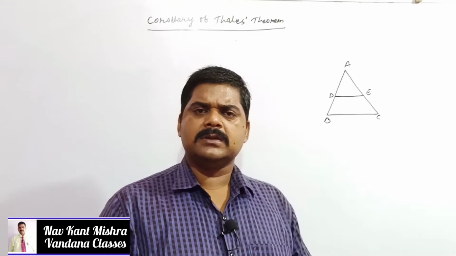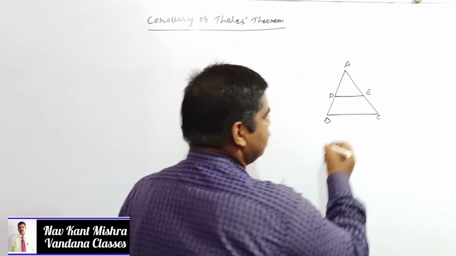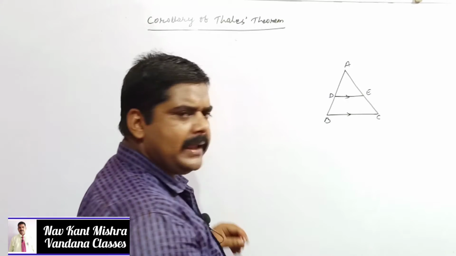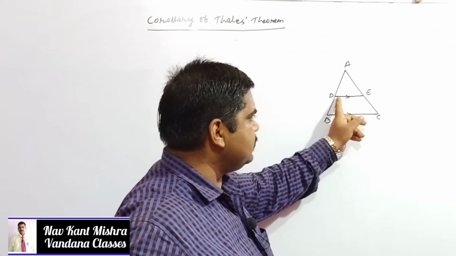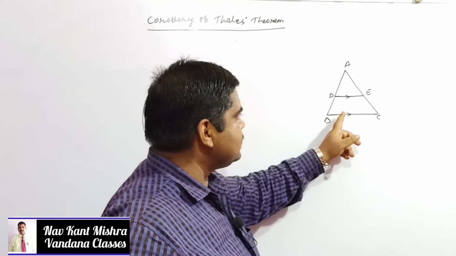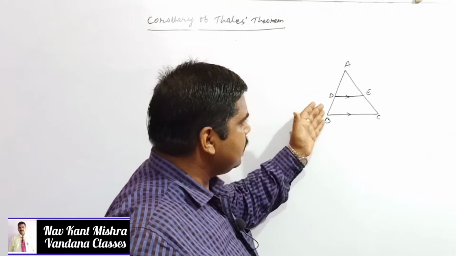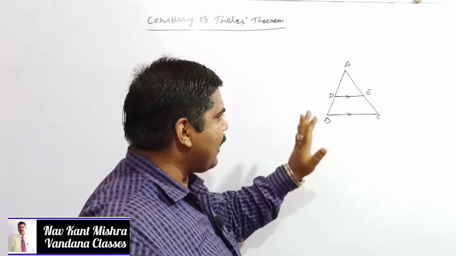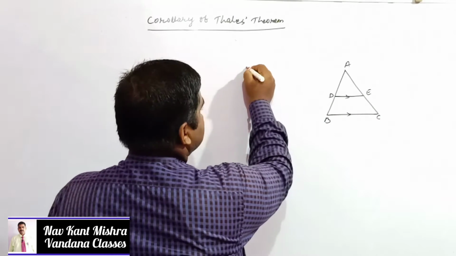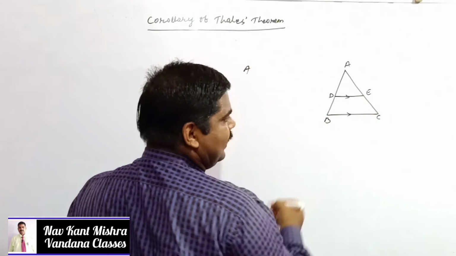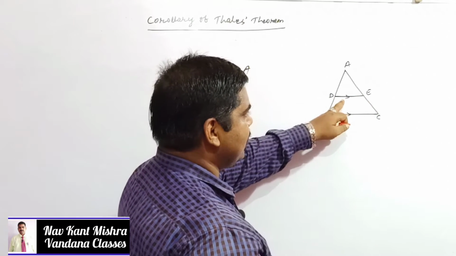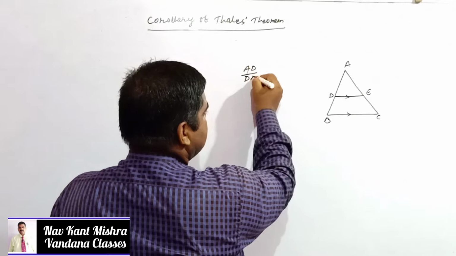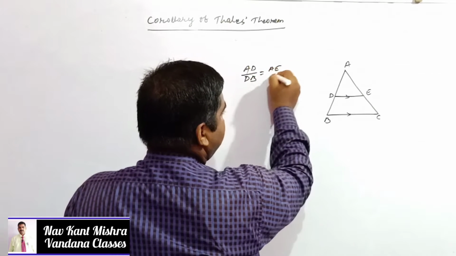You know that in a triangle, if a line is drawn parallel to any one side of the triangle, and in this case I have drawn DE parallel to BC, and it intersects the other two sides AB and AC at D and E respectively, then according to Thales theorem the ratio AD upon DB must be equal to AE upon EC.